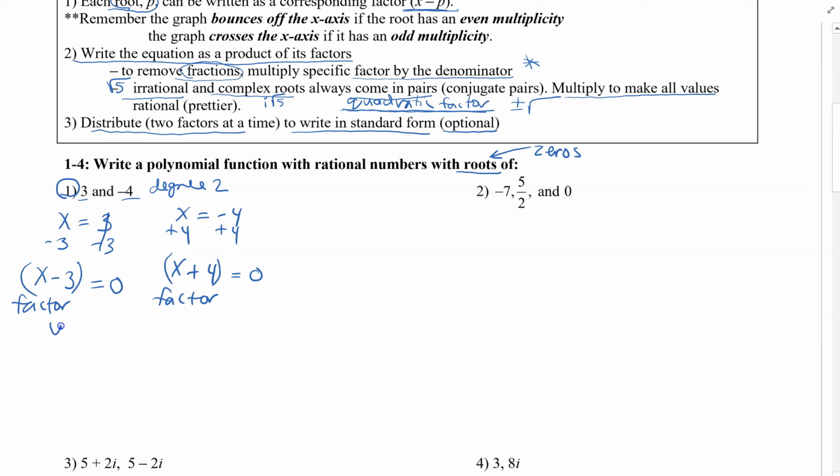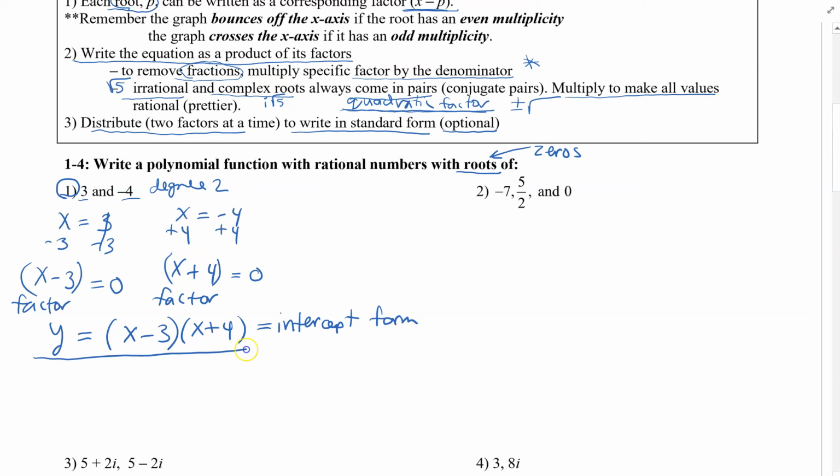Okay, so then for your equation, you just write y equals, right? Y, because you're writing the equation of a function, so you need your output variable also. So y equals the factor of x minus 3 times the factor of x plus 4. And honestly, on a test or quiz, I'm fine if you just write your answer like this, you could be done. This is intercept form or factored form, a perfectly acceptable form of a quadratic.